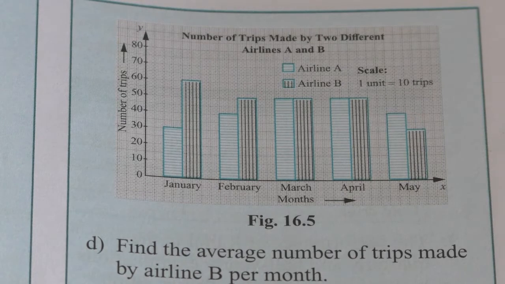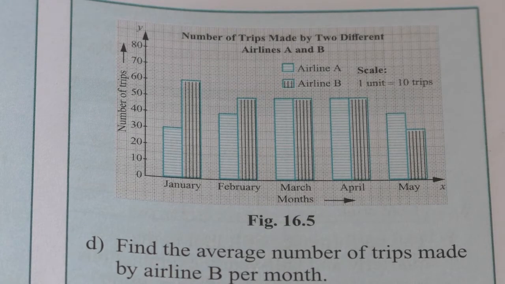The first question is, in which months did airline B make more trips and by how much? If you observe the bar graph, it is clear that airline B made 30 more trips in January and 10 more trips in February than airline A. The second question is, find the total number of trips made by airline A during January to May.